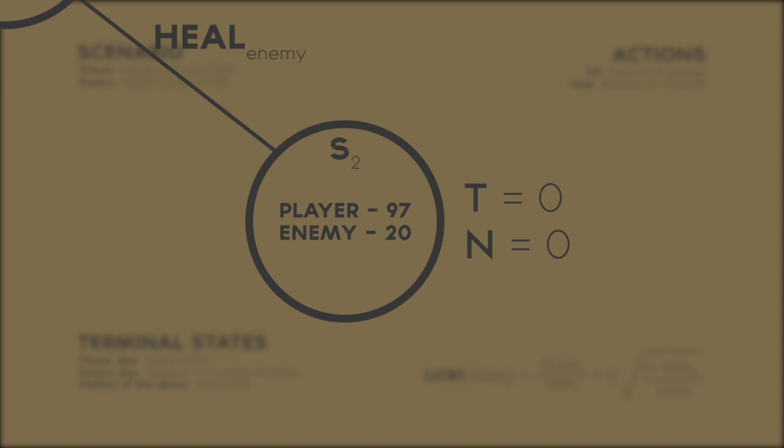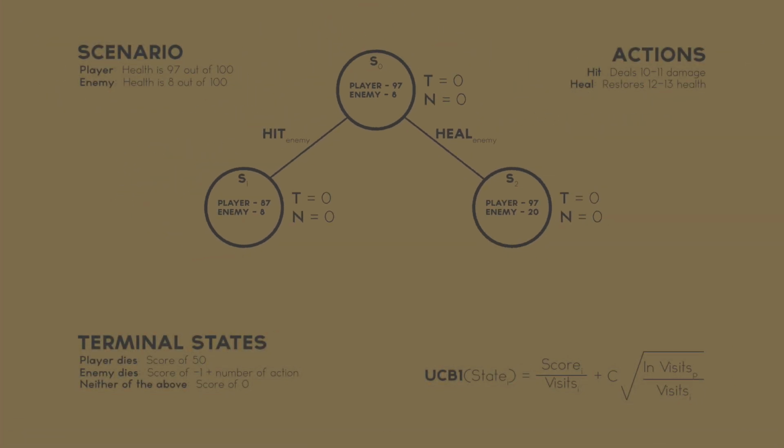State S2 has the player health at 97 and the enemy health at 20 due to being the heal action. We choose the first child node and perform a rollout. The player's turn is first in the rollout, hit is performed, and the enemy dies. The terminating state says the score is negative 1 plus the number of actions that occurred. The enemy died in one action, so the rollout score is 0, which is backpropagated.